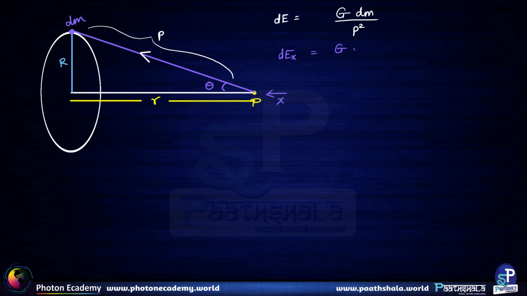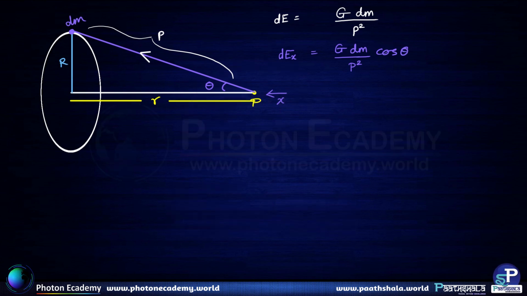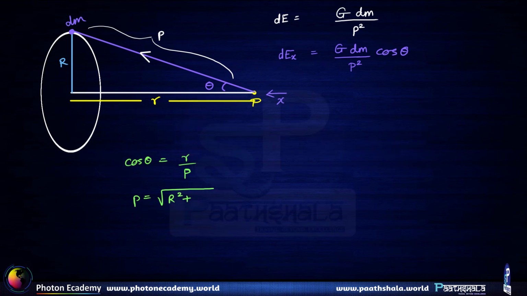So dEx happens to be G dm upon P square cos theta, where let this angle be theta. Now cos theta happens to be equal to r upon P, and P happens to be equal to the square root of small r square plus capital R square, because of Pythagoras theorem.